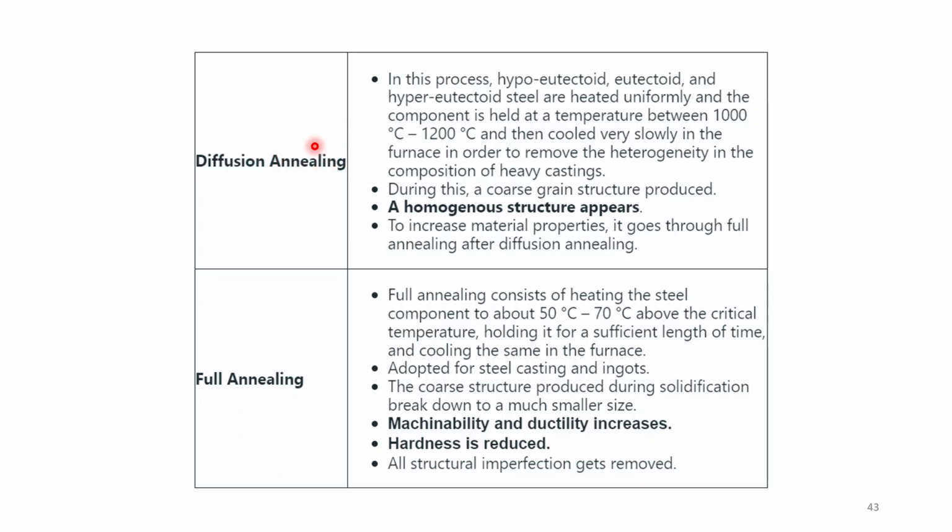After this you need to provide some other heat treatment as well. It provides a homogeneous structure. To improve material properties, it goes through full annealing after diffusion annealing, to refine the grain structure.